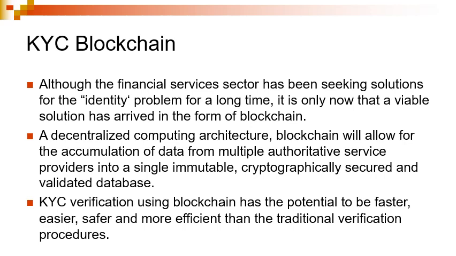Blockchain will allow for the accumulation of data from multiple authoritative service providers into a single immutable, cryptographically secured and validated database. So we know the blockchain allows the collection of data from multiple sources into a single store, that is the ledger. That ledger is an immutable and cryptographically secured and validated database.